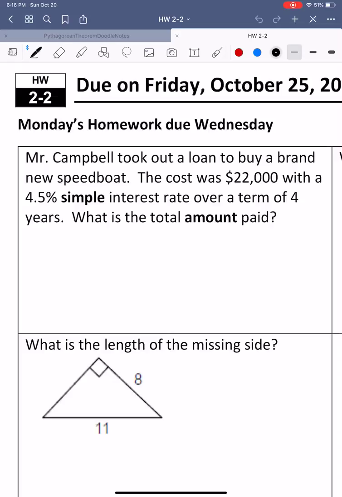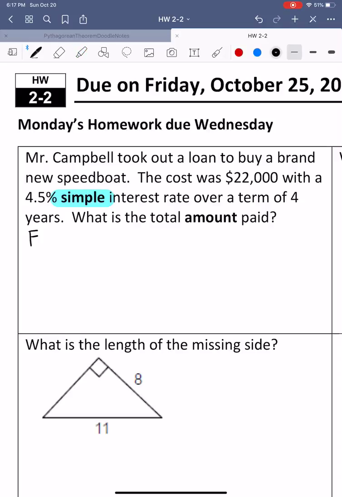When I see interest problems, I like to first figure out what type of interest I am solving for. In this problem, I see this thing bolded that says simple.